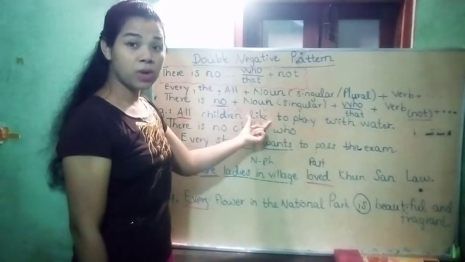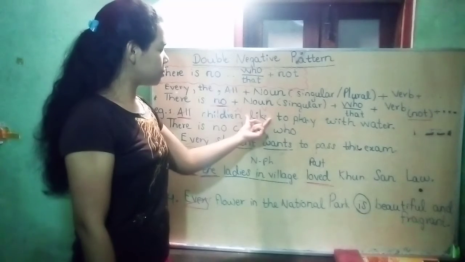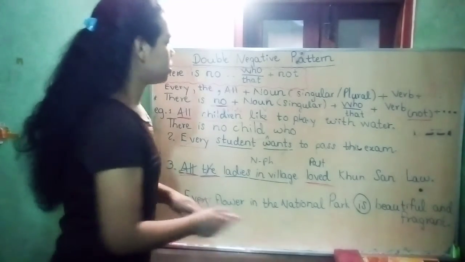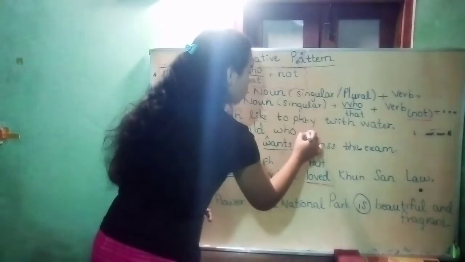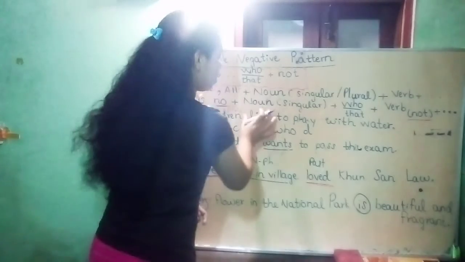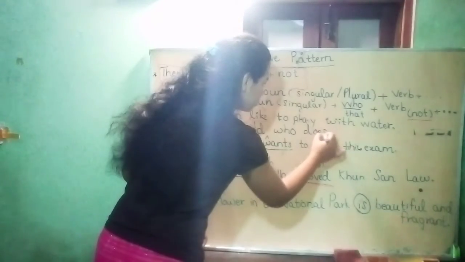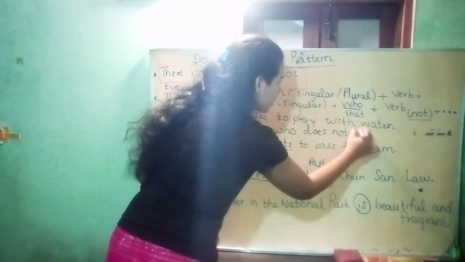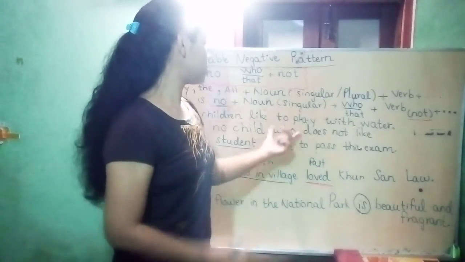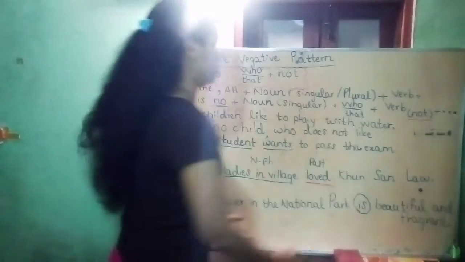Whether the verb is singular form or plural form, you need to change it. Does not like, if it is present tense. Does not like. And then the other remaining words are to play with water.